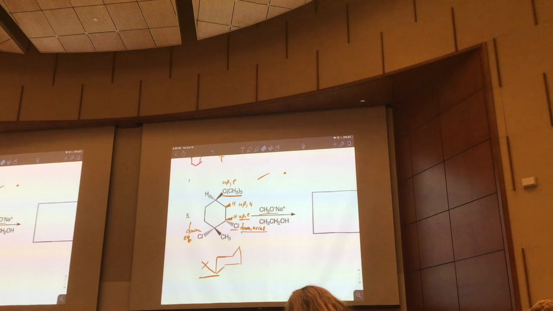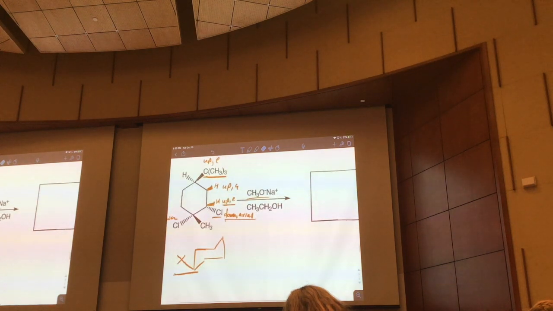Anywhere else, so say you put the bromine here, now is it going to be substitution? No. Now it's going to behave as a base. So the only time you're going to see something like CH3O- behaving as a nucleophile is on a primary substrate, a primary alkyl halide. Every other case, E2.